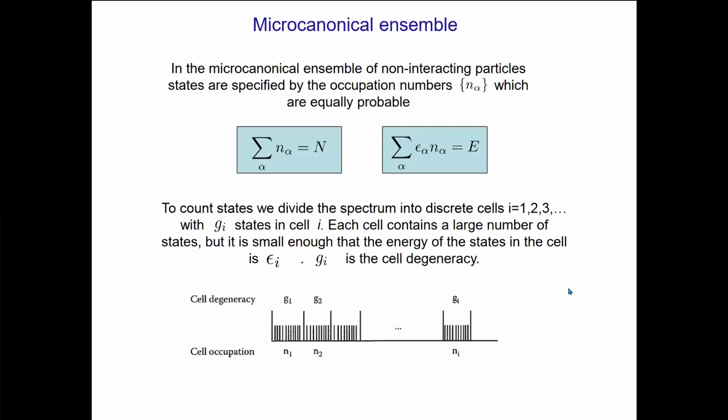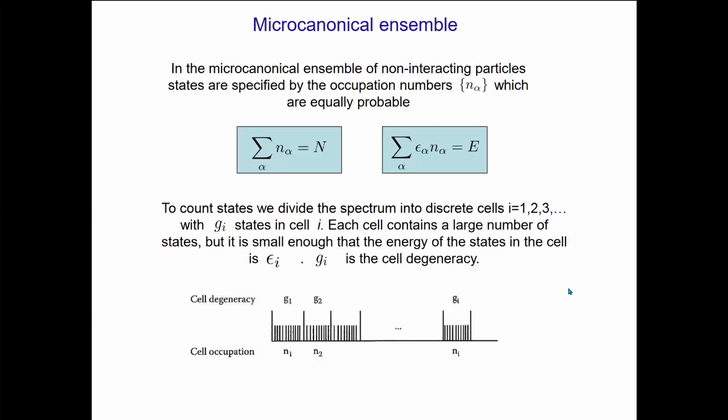And last time we introduced the concept of bosons and fermions and the occupation numbers. And I explained how to construct, for non-interacting particles in quantum mechanics, multi-particle wave functions in terms of simple one-particle wave functions.